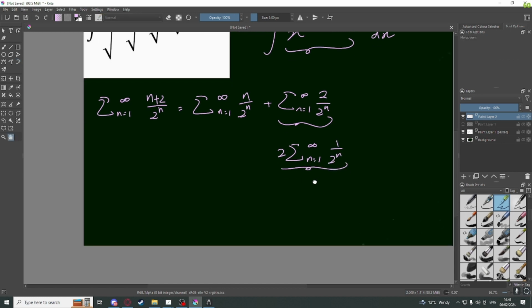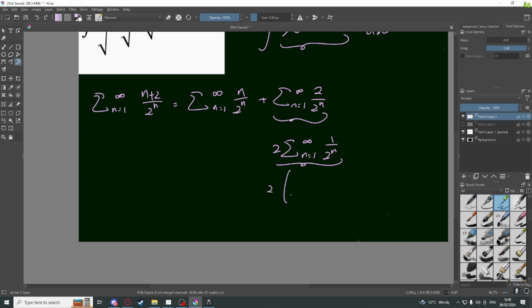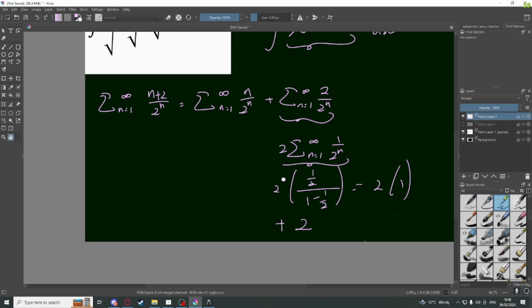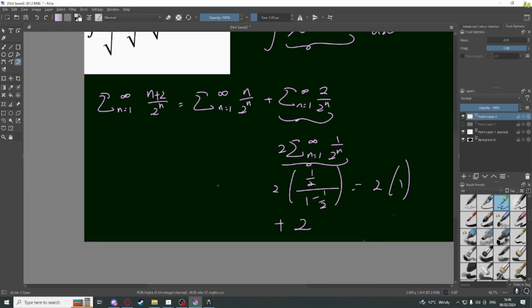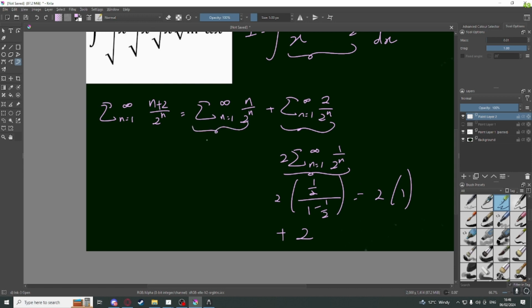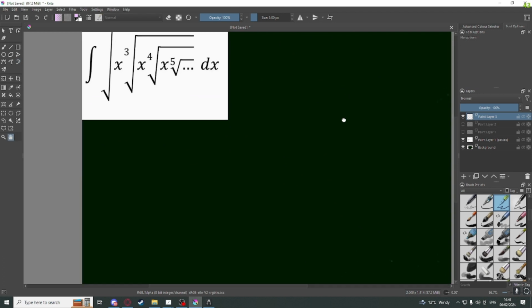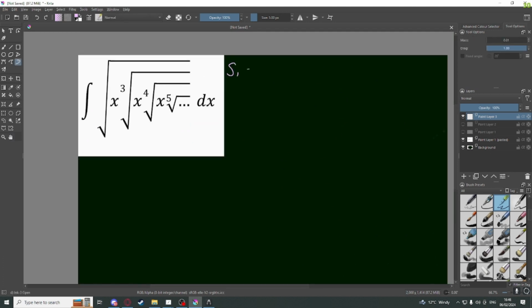And then you can simplify this as 1 over 2 over 1 minus 1 over 2, which is equal to 1. So plus 2 times 1, which is 2. And then this series here will need a little bit more work. So I'll call this S1. And then I'll work it out in a separate page.